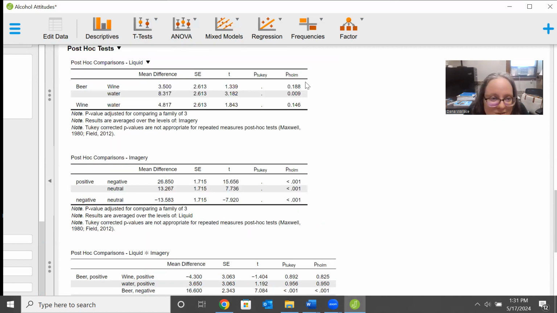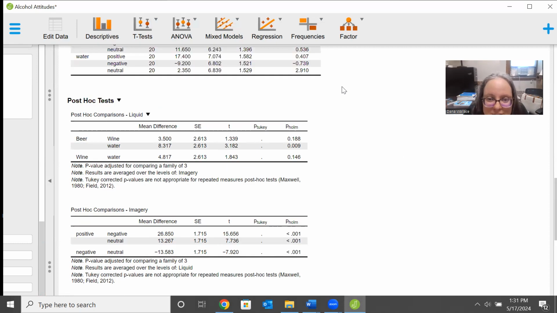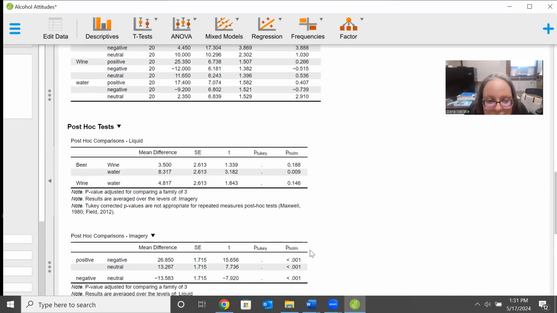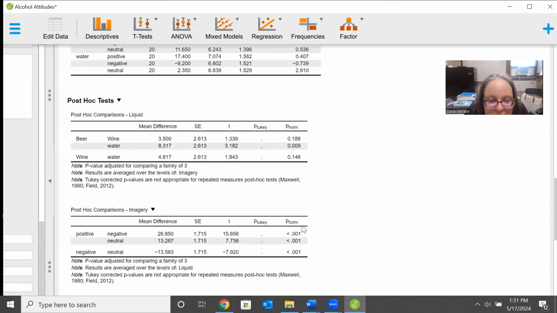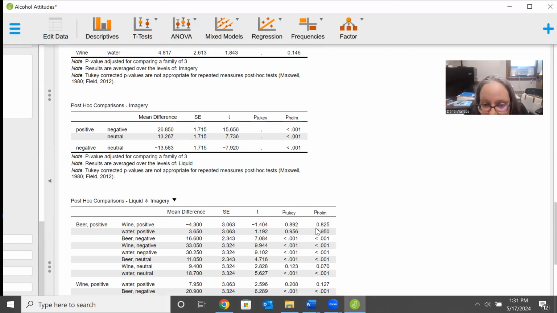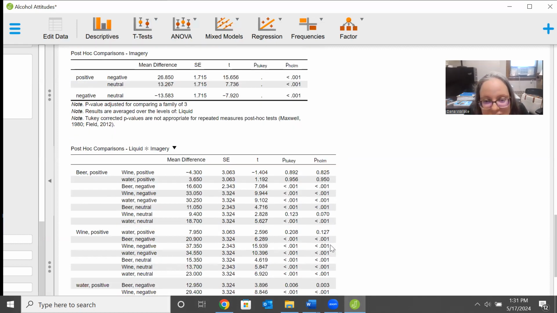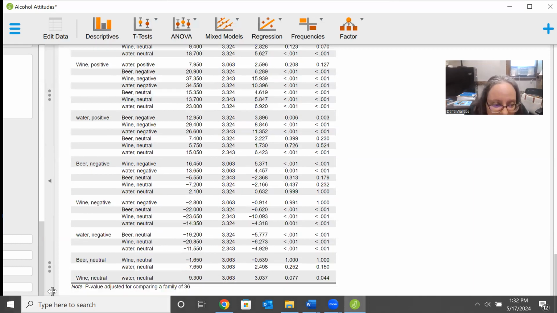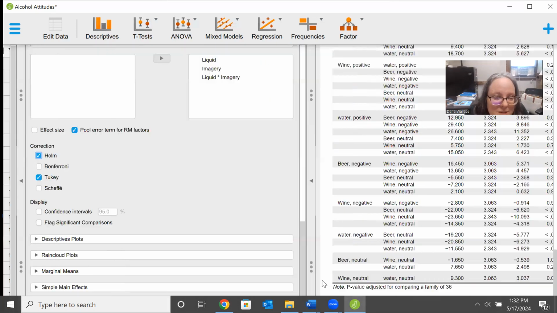So with Holm, we're able to see where our significant differences are being driven by the difference between beer and water. Imagery, largely, again, there's differences between all of the avenues. And then we can look at the interaction of all of these. You'll notice there's a lot of significant interactions here. It's kind of hard to see how to best deal with that.